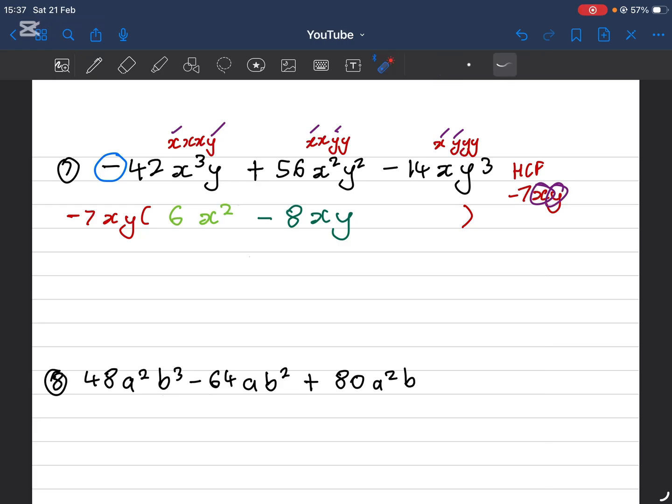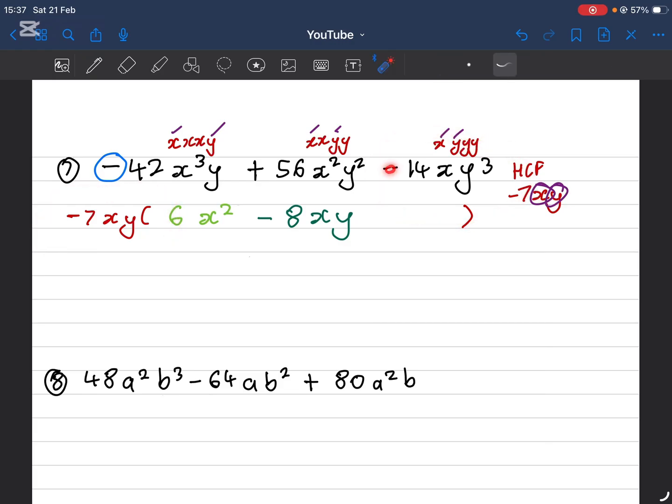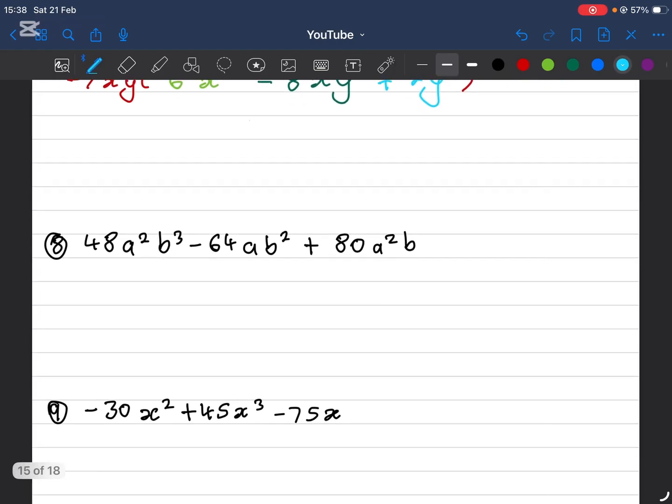And lastly, you've got this divided by this. So a negative and a negative gives you a positive. 14 divided by 7 is 2. X divided by x cancels. Y cubed divided by y, you'll have 2 y's left, so y squared. So it's plus 2y squared. There we go.